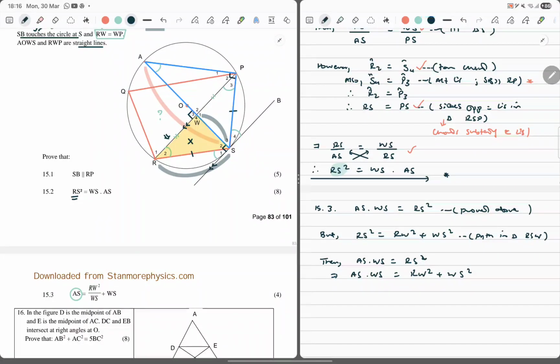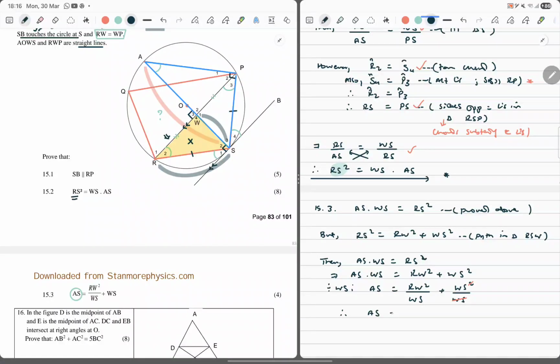Right, so we're just substituting there, and then we divide by WS throughout, so we get AS is equal to RW squared divided by WS plus WS squared divided by WS. WS takes the square and it's done.